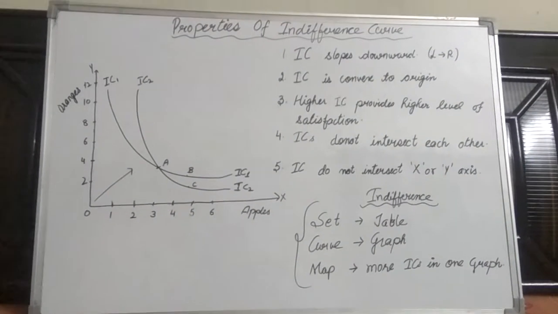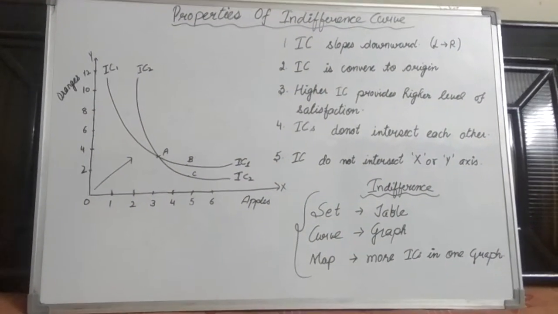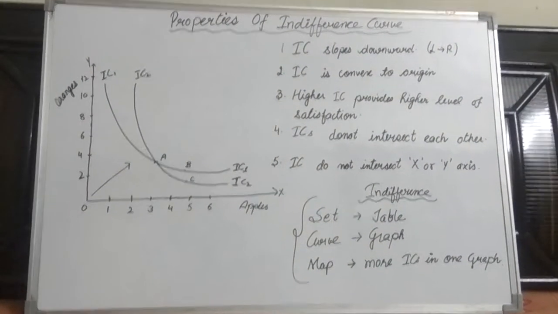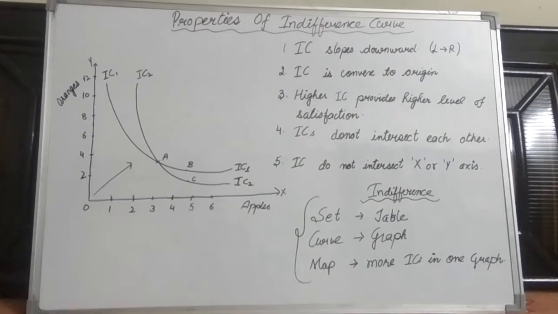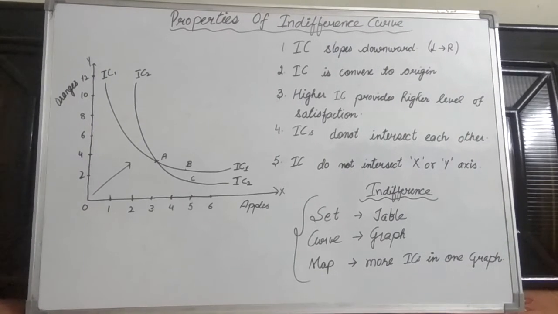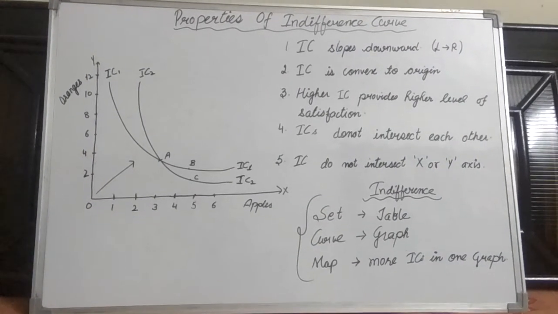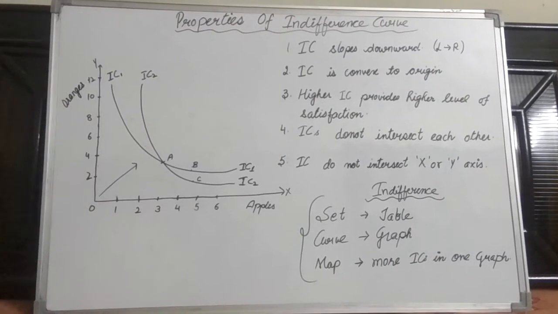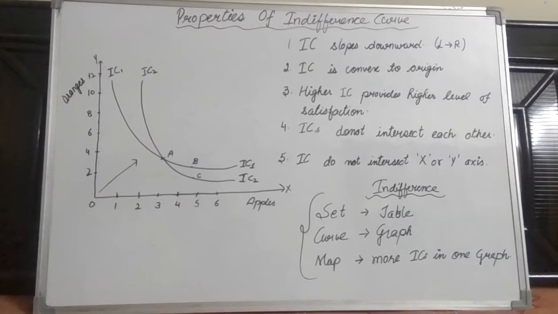Just to avoid this confusion, we suppose that ICs do not intersect each other, because a higher IC should provide a higher level of satisfaction and a lower IC should provide a lower level of satisfaction.